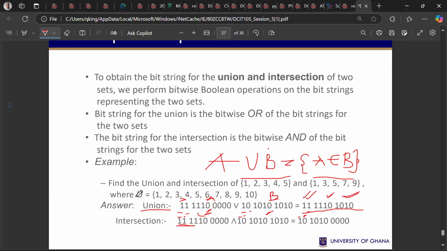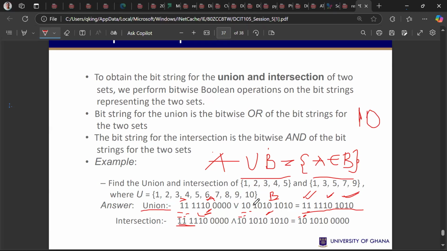And I was saying that with a union, wherever you find matching variables, what I mean is that when you find an element in set A that is also in the universal set, you represent it with 1. But if there's an element in the universal set that is not in set A or set B, it is represented by 0.